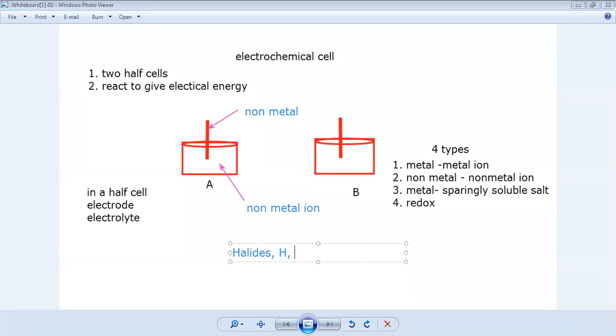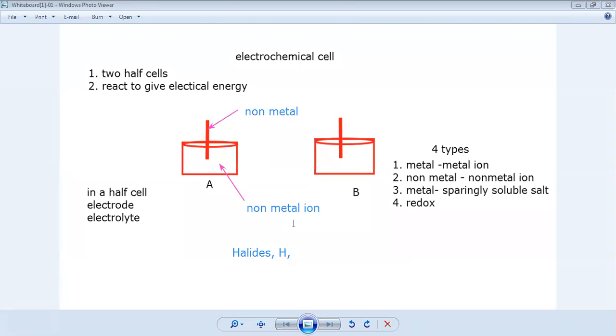Sulfur, nitrogen, but majority of the time we are not using nitrogen. So basically hydrogen and halides are the most common non-metals used as non-metal ions.